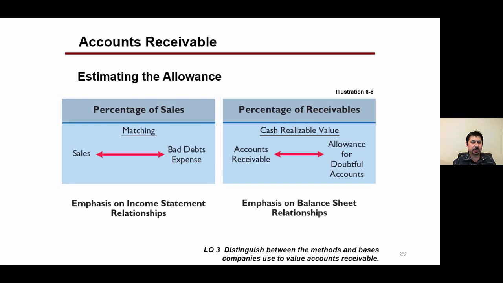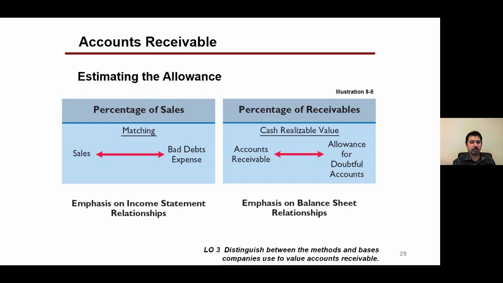As you can see, this focuses on the matching of expenses with the revenues, so the emphasis is on the income statement accounts. On the other hand, companies can emphasize the balance sheet accounts, and at this point they look at the cash realizable value.